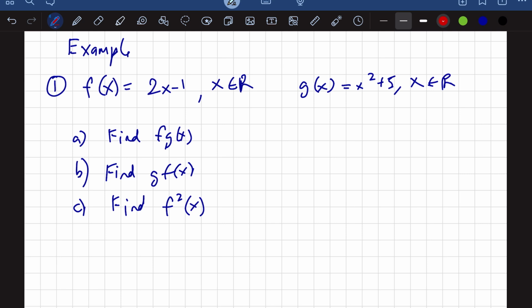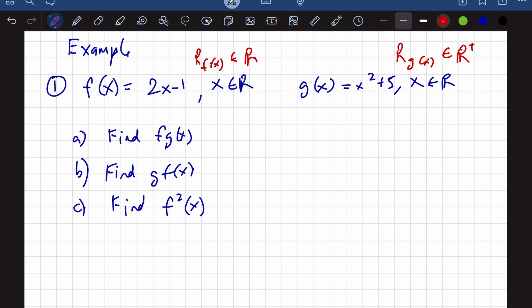My range for f(x) will also be all real values. For the range of g(x), it is positive, because whatever you square becomes positive, you add 5, it's still positive. So positive real numbers.